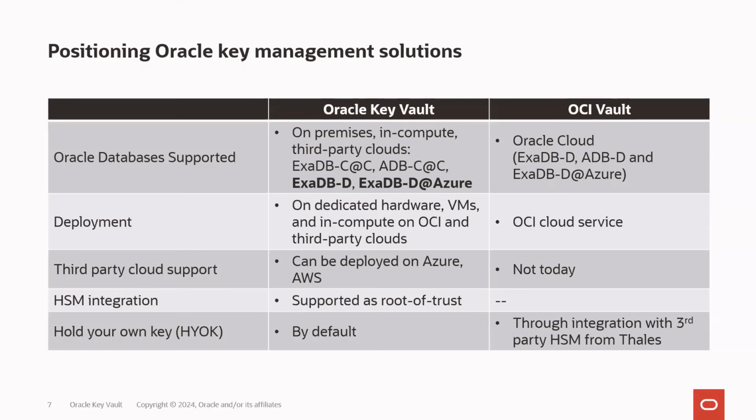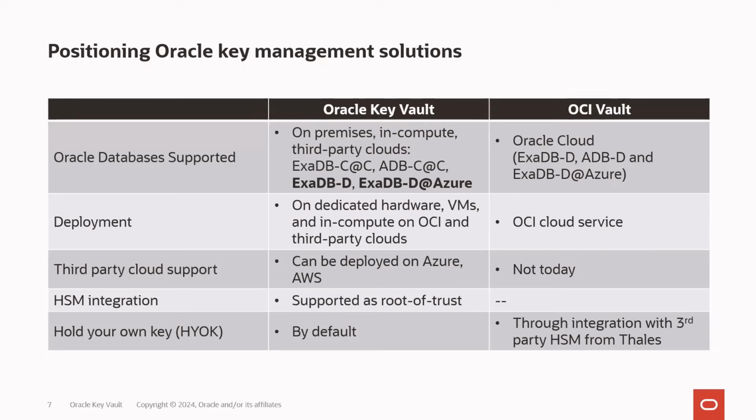We call that a root of trust, and hold your own key. That's the default for Key Vault. In OCI Vault, you surrender your keys and give them to your cloud provider. And in order to implement hold your own key, they need to integrate with an on-premise HSM that you also have to pay for.